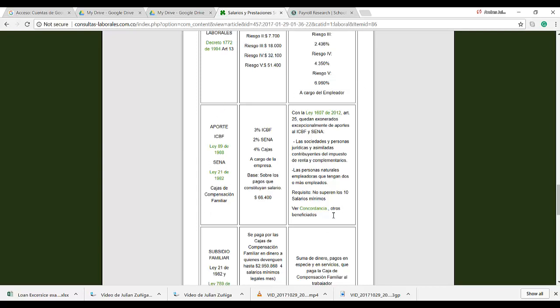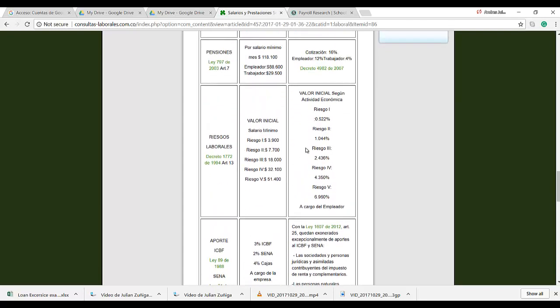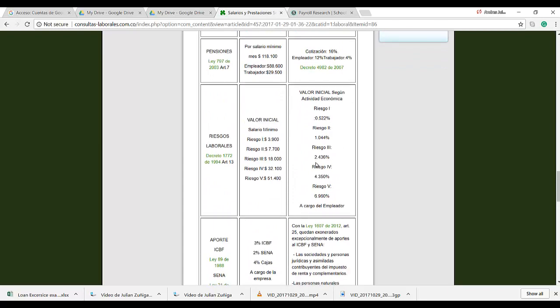We're not going to have to pay this unless you have less than 2 employees, and those employees earn more than 10 minimum wages. Okay, so that's like the only big change for after 2014.